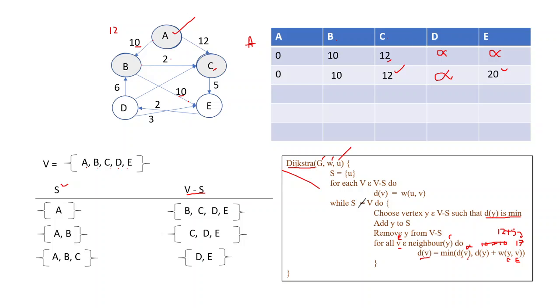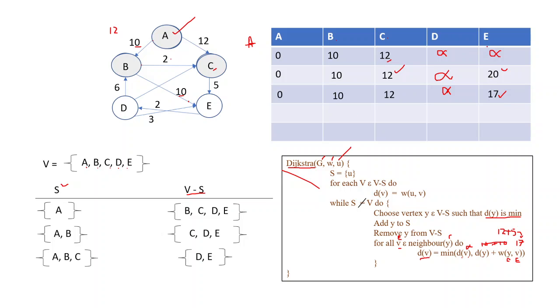Now the minimum of 20 and 17 will obviously be 17. So we will be updating the path cost from A to E. The new path cost is 17. Now we have already chosen A, B, C, and the two nodes remaining are D and E. D is still infinity because we haven't yet found a path reachable to D, considering the nodes in this S set.